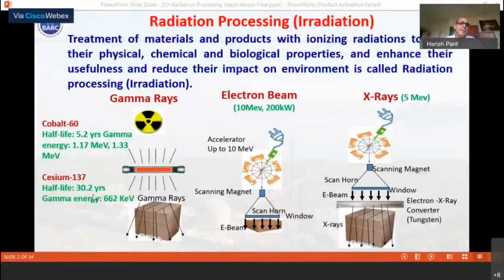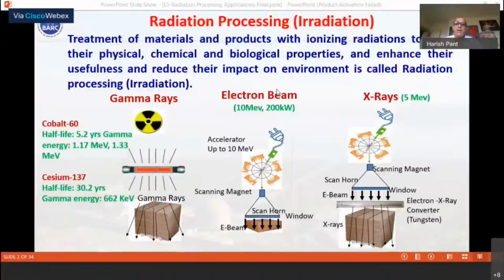Its advantage is its long half-life, so it can be used for a very long time. If you procure a source for radiation processing, that can be used for a long time. But while cobalt 60 has a half-life of 5.27 years, it needs to be replenished regularly, after 5 years or maybe 10 years.